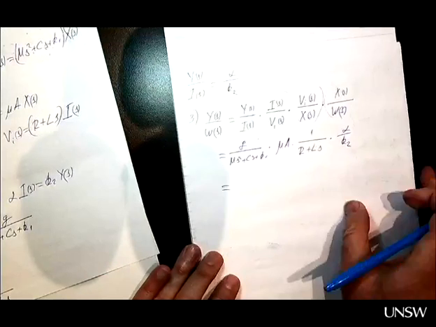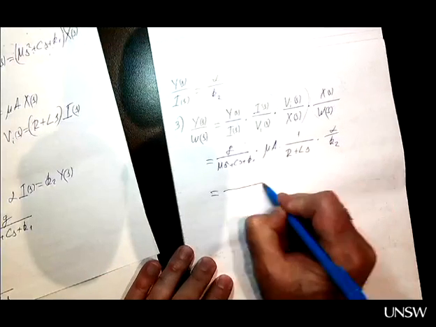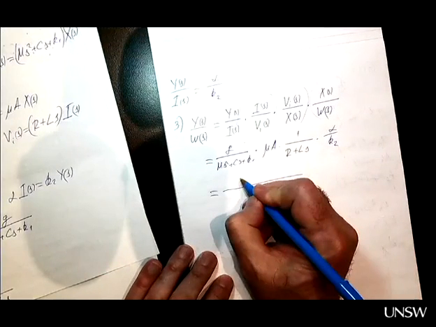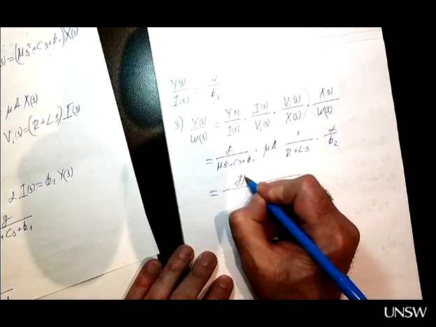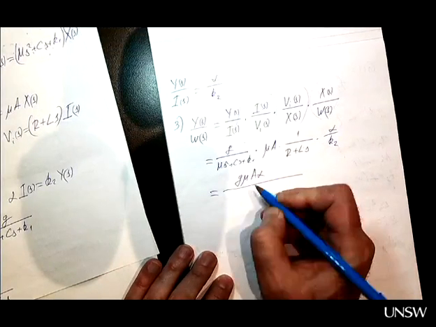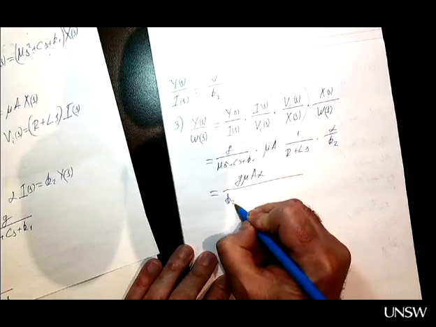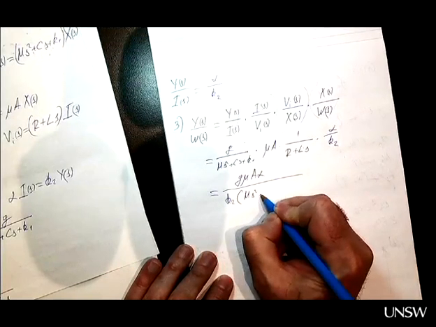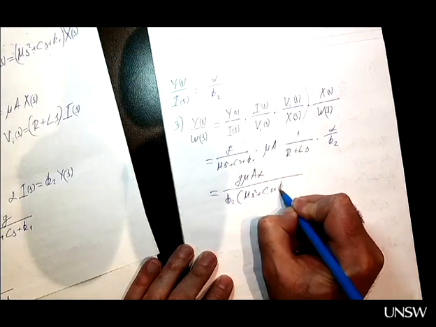So the whole transfer function is g mu a alpha over k2 over ms squared plus cs plus k1 times r plus ls.